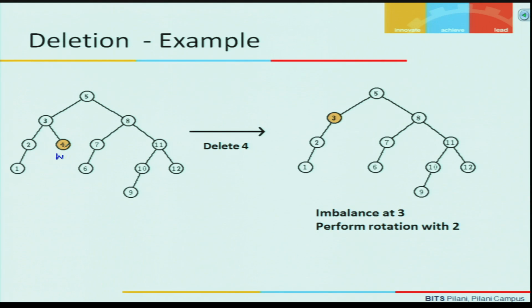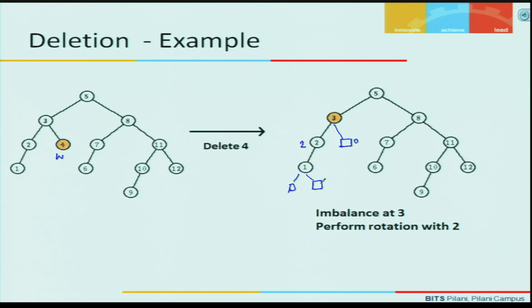So, we check at 3. Now, at 3 it is left. So, we are going to have a null right child of 3. So, this height is going to be 0, whereas height of this is going to be 2. Okay. So, remember there are null nodes at the last level. So, there is an imbalance at 3.